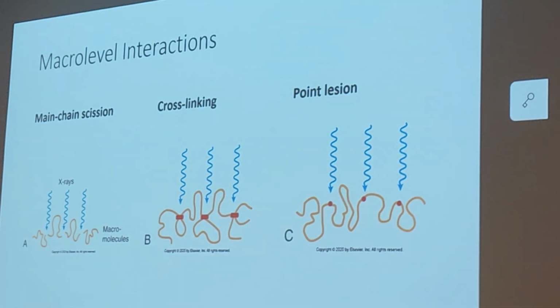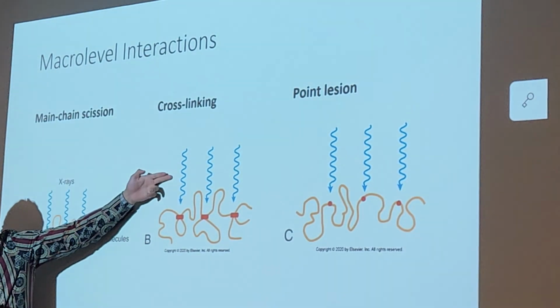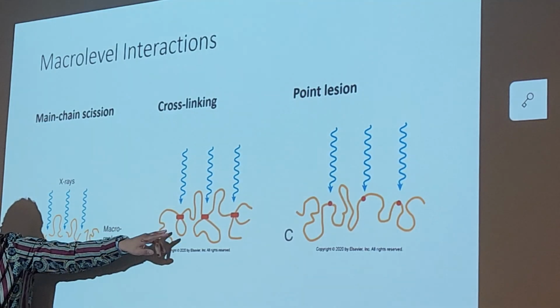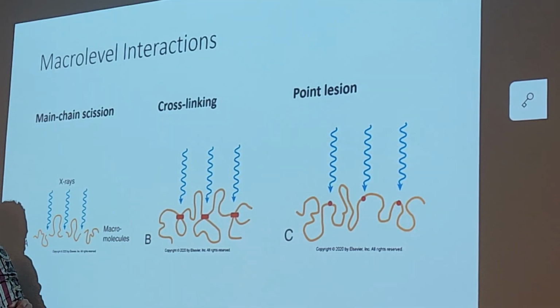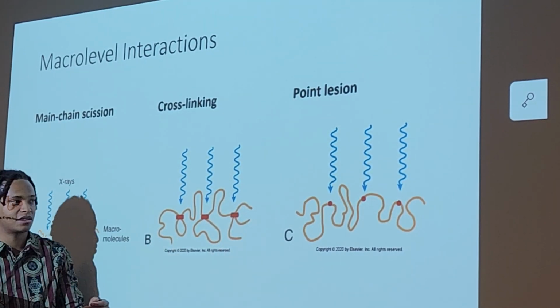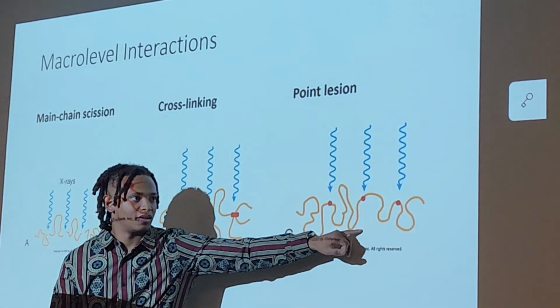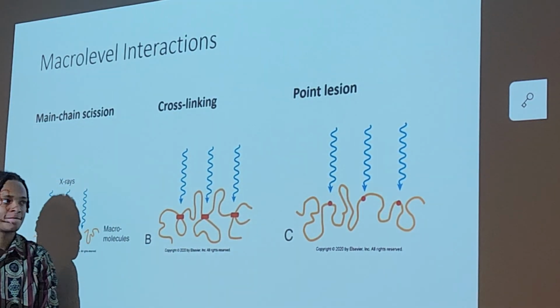And then cross-linking, connecting. As you can see, the X-rays are hitting and it's connecting these two. Boom, that's a whole different code right there. Got another cross-linking. And then point lesion, it's just represented as a point, like connecting the dot. So making a single change at that one point.